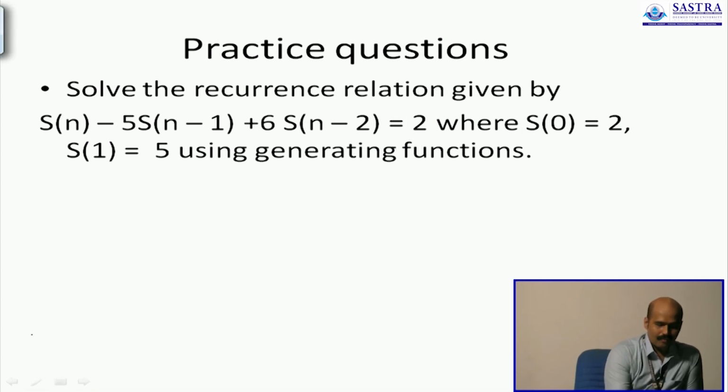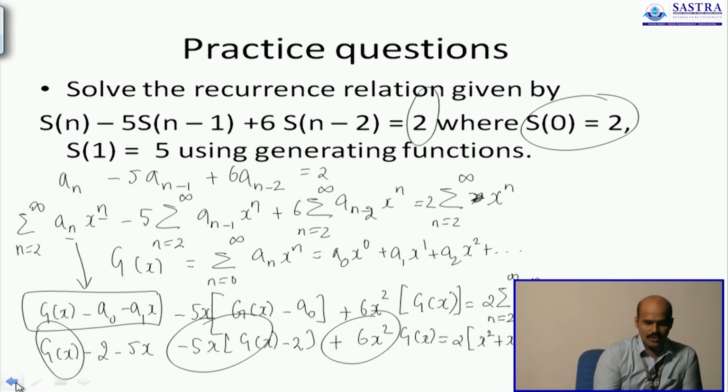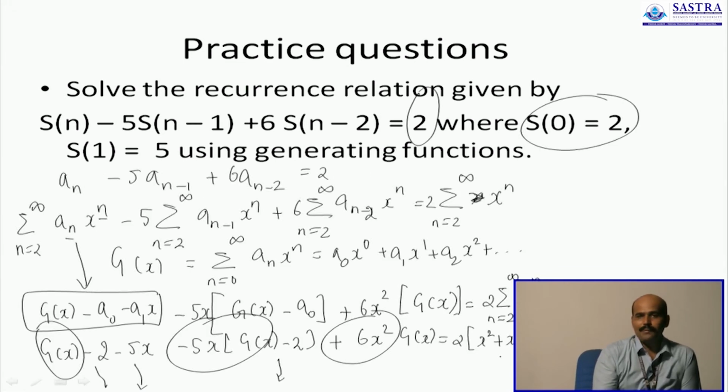So we have g of x times 1 minus 5x plus 6x squared, the constants will be minus 2 minus 5x plus 10x. Now the RHS we have 2 times x squared plus x cube, so on and so forth. What we do not have is 1 and x.